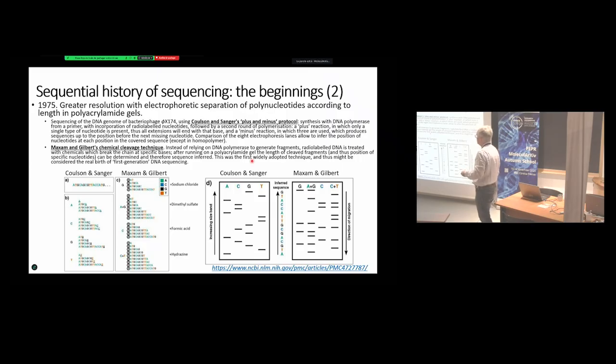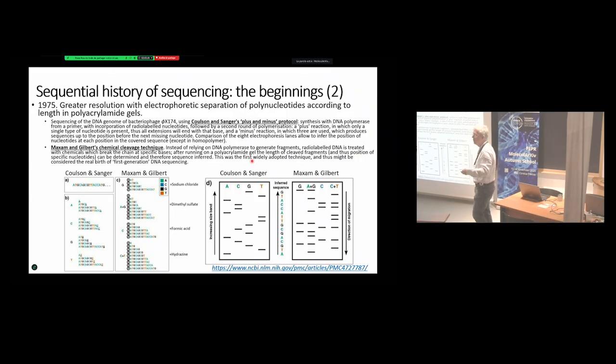In the two cases, they synthesized with DNA polymerase starting from a primer, and they incorporated radiolabeled nucleotides.